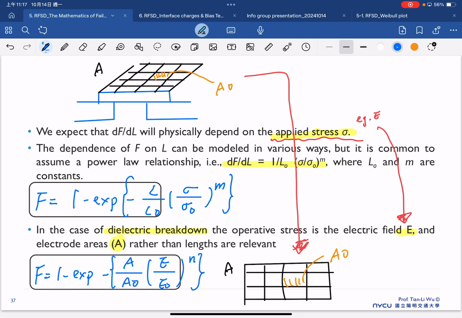This equation is powerful because we can start to estimate the value while considering the area factor.